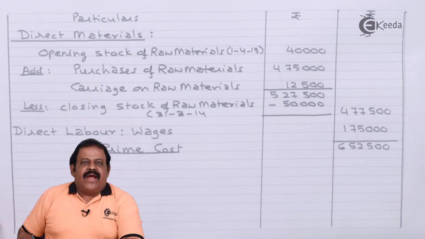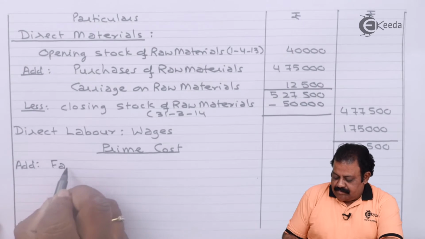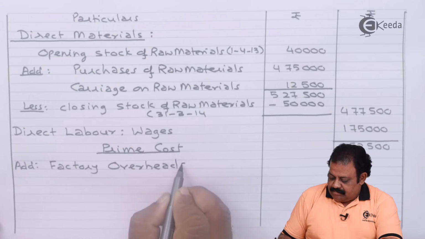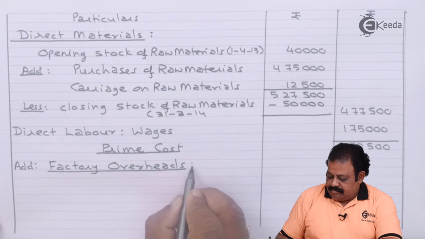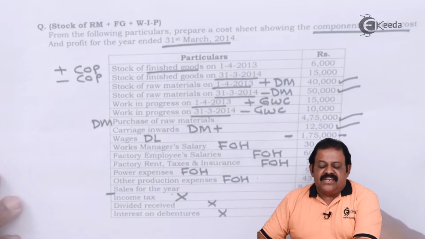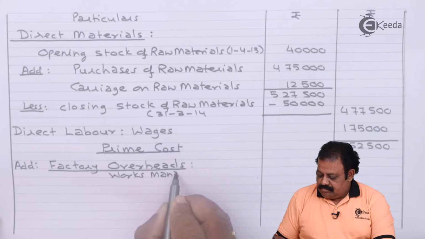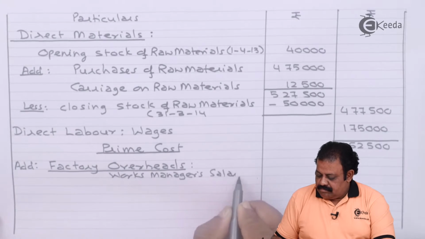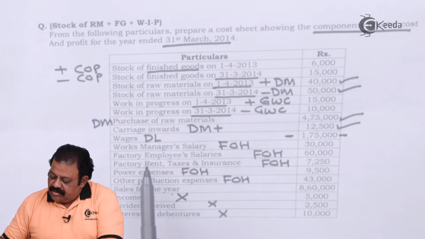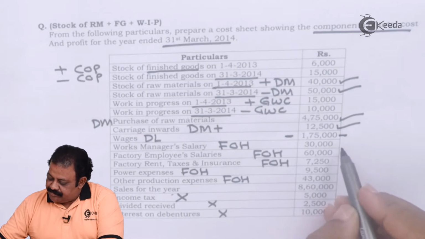To this we are required to add factory overheads. In factory overheads we have works manager salary rupees 30,000. Next we have factory employee salary 60,000.